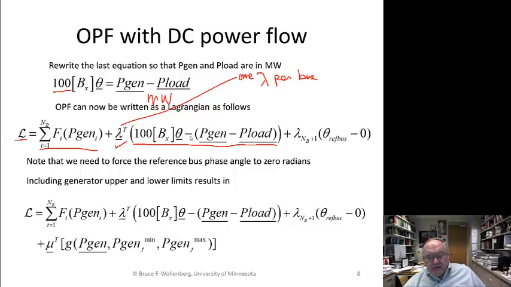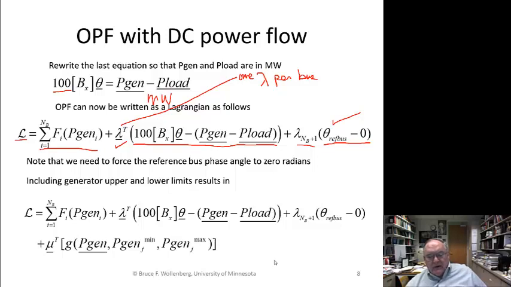So now we have these. Let's say I have a network with 500 buses. Then I have 500 equations here and 500 lambdas. I add one more lambda because I have a constraint, and it's best, I believe, to solve this way. The reference bus phase angle has to be kept at 0, and so I add one more constraint, this lambda NB plus 1.